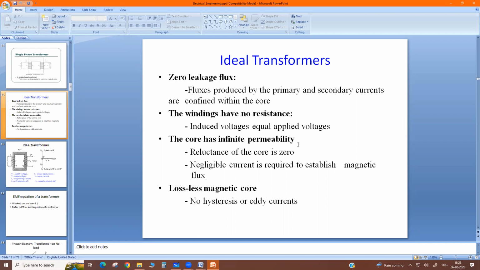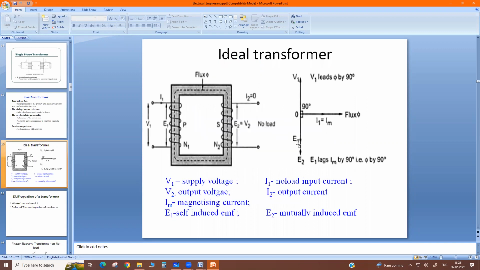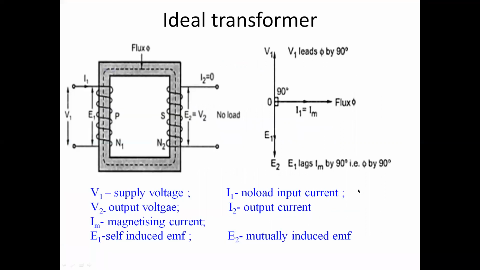Okay, no magnetic losses and no copper loss. Correct. Then this is the phasor diagram of the ideal transformer at no load. Correct. Here only magnetizing current is there.